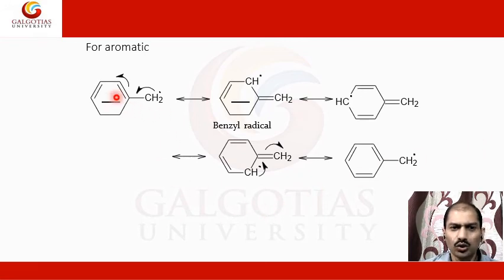Here also in case of aromatics, if you can frame out different resonating structures or kinds of conjugation for the particular molecule or species, then that radical can be more stabilized. Similarly, in case of aromatic compounds, it will get more stabilized, like in this kind of species.